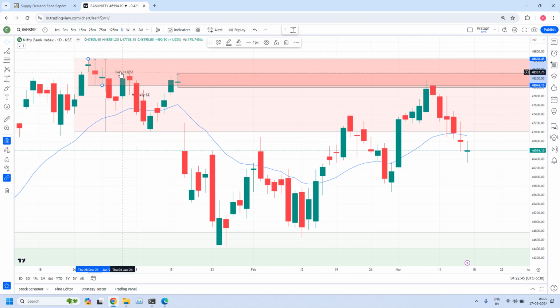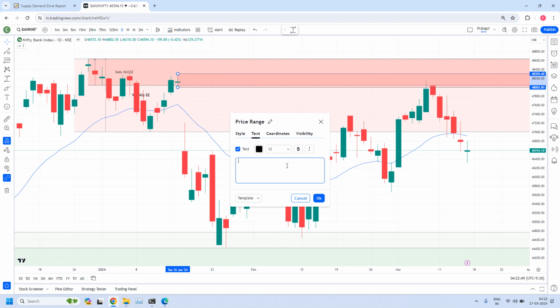So this is a daily HLQ supply zone. Inside the daily HLQ supply zone, we have another daily HLQ, LOTL. We have the daily LOTL, HLQ supply zone.